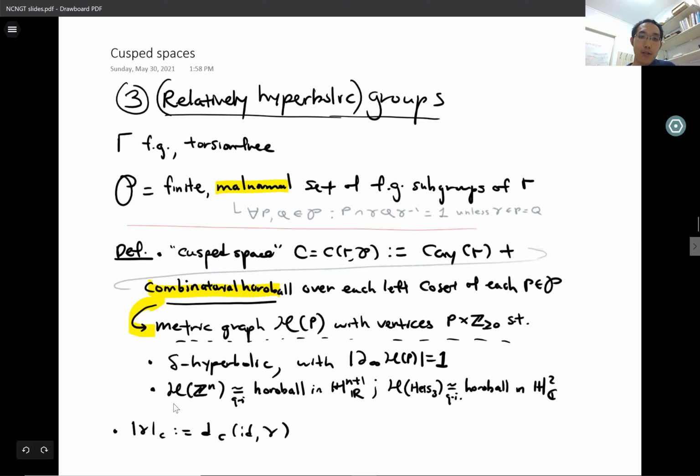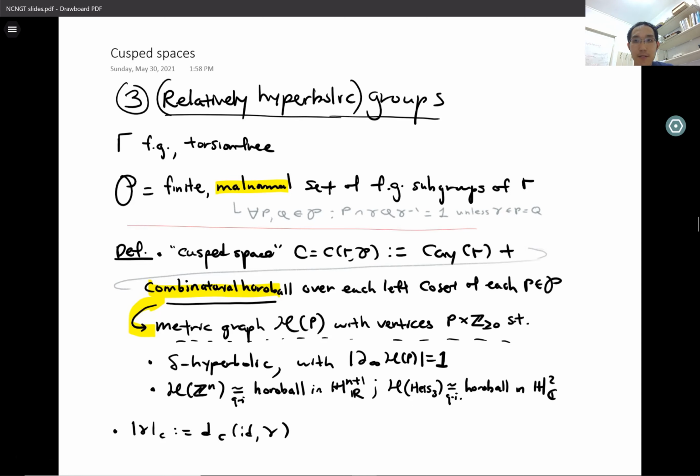And moreover, they model the geometry of horoballs in negatively curved symmetric spaces. So for example, if you take a free abelian group, the combinatorial horoball over that is going to be quasi-isometric to a horoball in real hyperbolic space. If you take the combinatorial horoball over a Heisenberg group, you're going to get something that's quasi-isometric to a horoball in complex hyperbolic space.